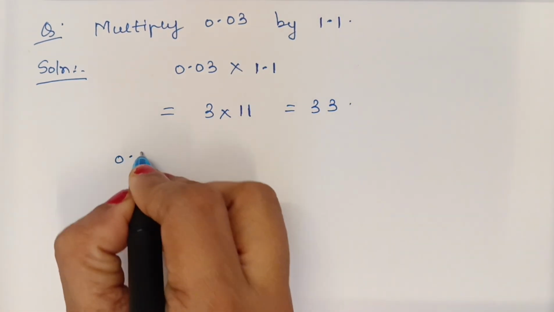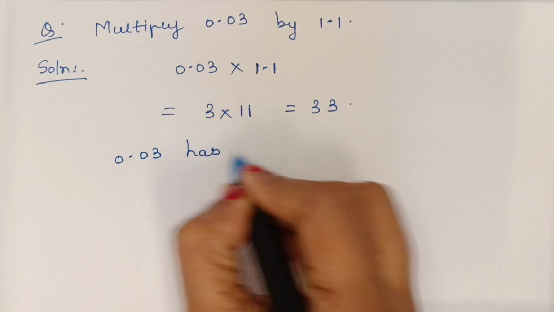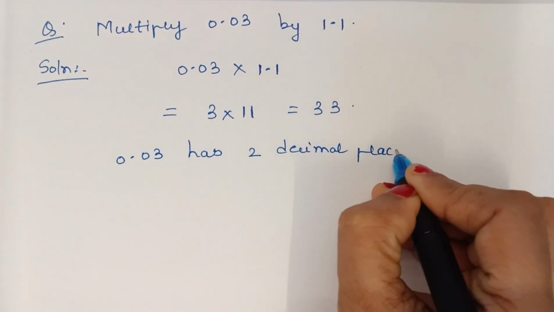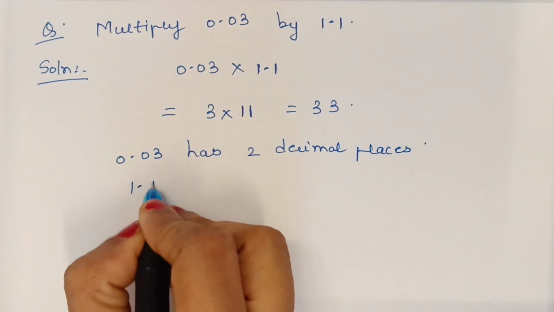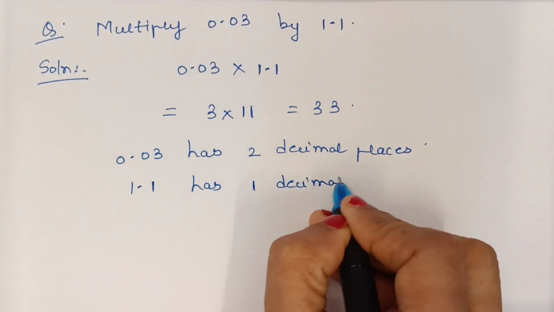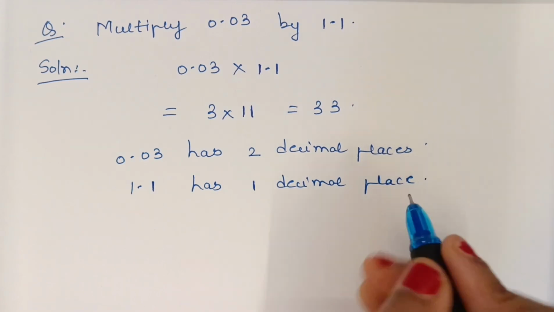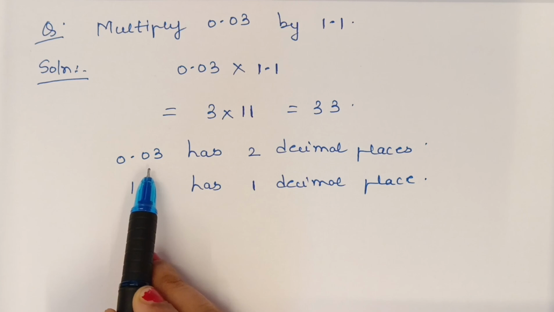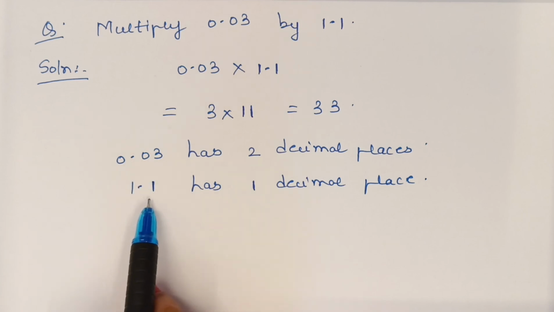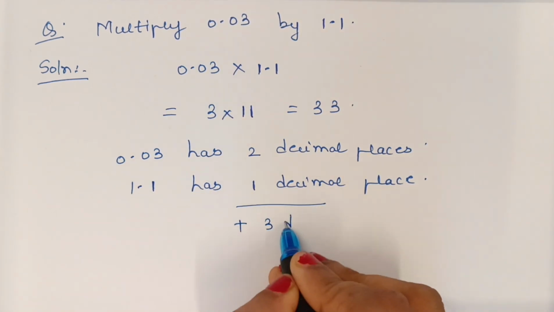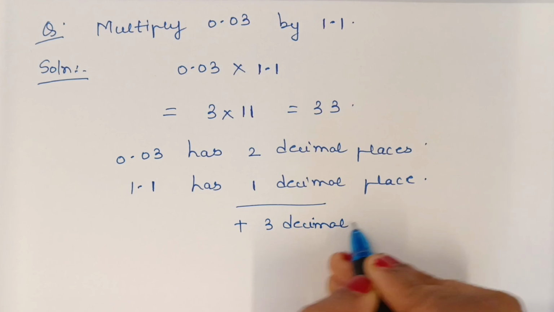Now when you see 0.03, it has two decimal places, correct? Whereas 1.1 has one decimal place. It means the number of digits after the decimal point in the first number and in the second number, total three decimal places.